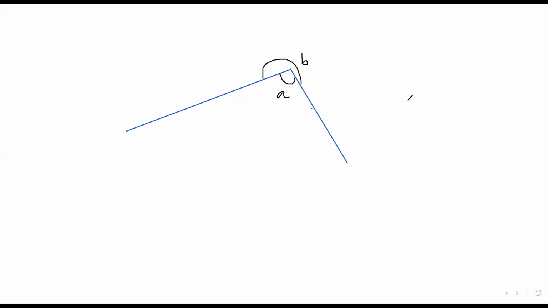Can I hear from Kayesu, Rona? Teacher, according to the diagram you see, I think interior angles are smaller than exterior angles. So I think the smaller angle A is the interior angle, and then B is the exterior angle.